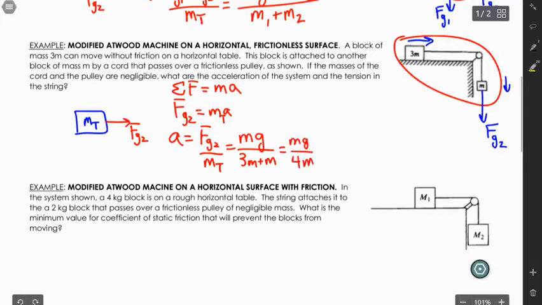But this m is just a general m, so what happens to this? It goes away. And so your acceleration is going to be 1/4 g.